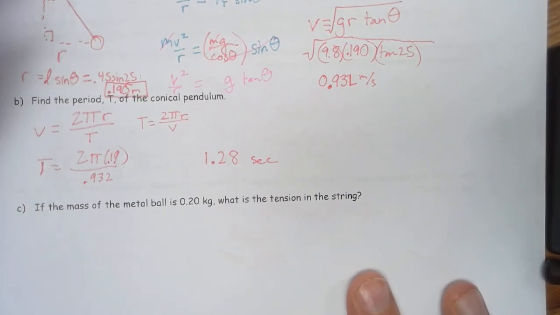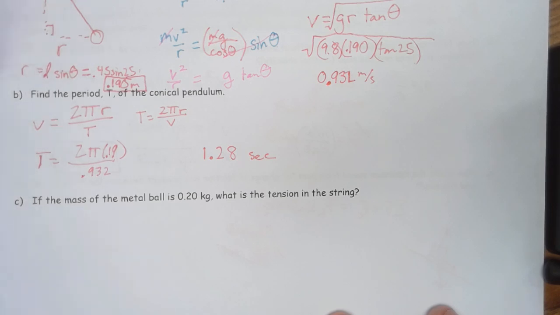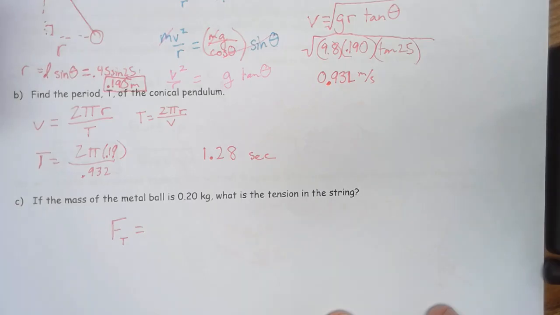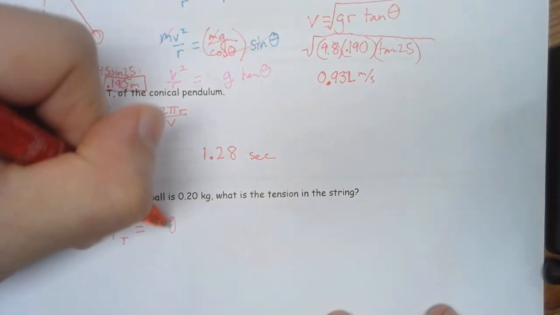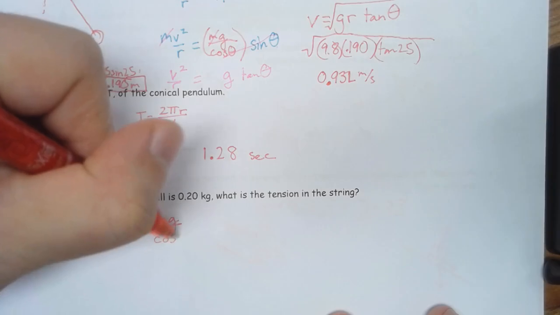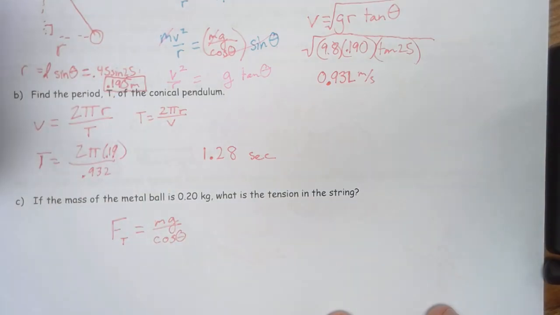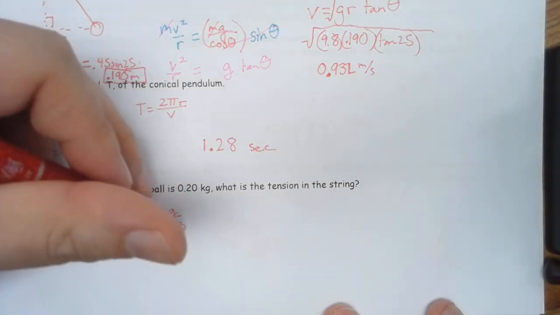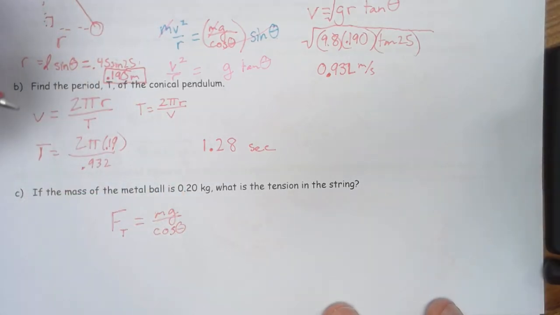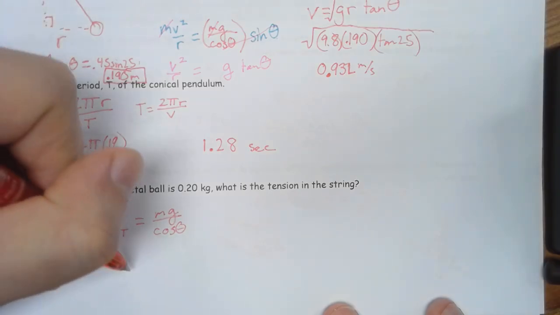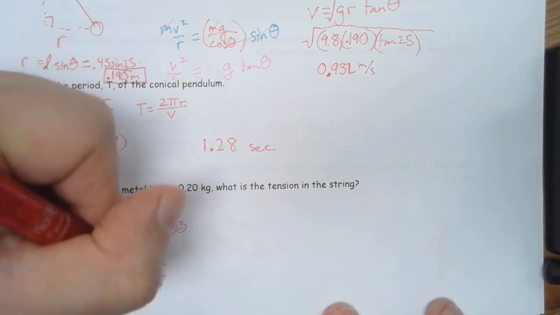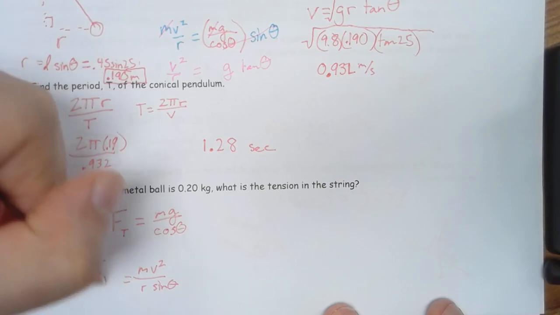If the mass of the metal ball is 0.2 kilograms, what's the tension of the string? Where did we say Ft equals? We have all those parts. M is now 0.2. g is 9.8, cosine 25 over cosine 25. There's another place where I could plug it in, but it's not as friendly. We could have said, hey, look, mv squared over r sine theta equals Ft.